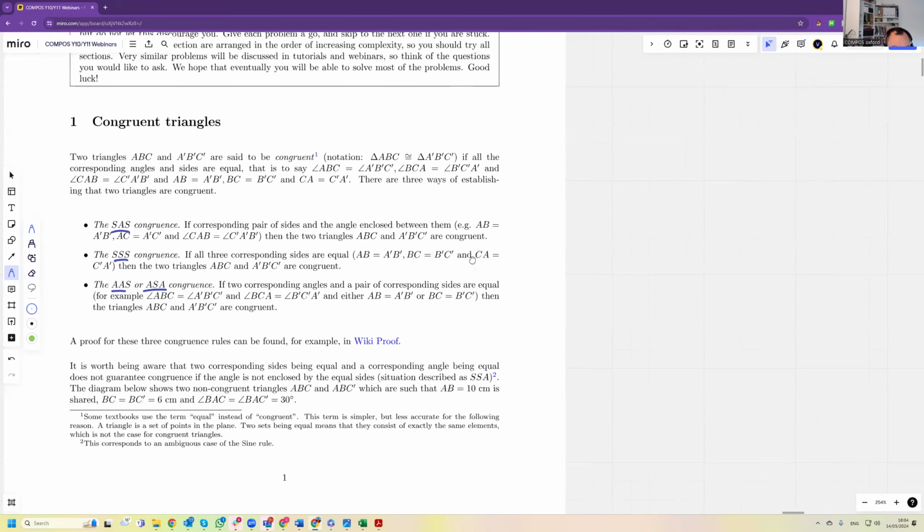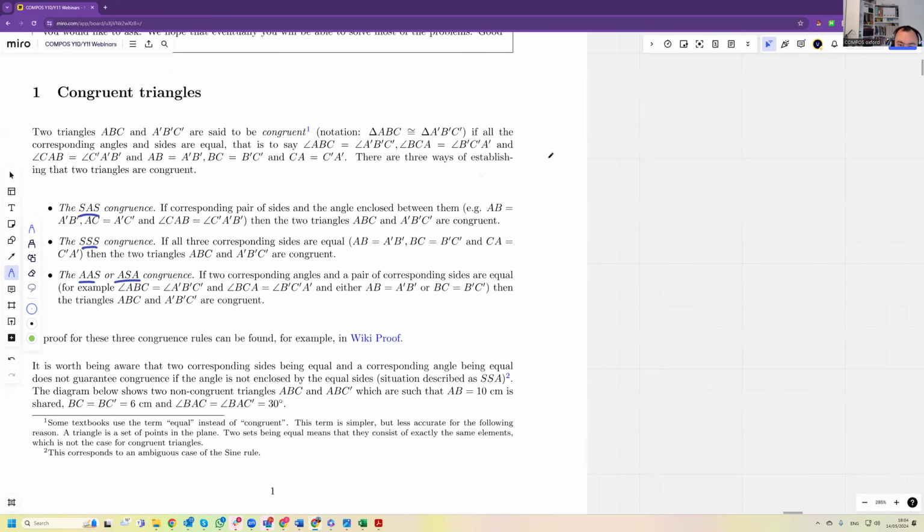So SAS congruence, just a quick reminder. So if you have two triangles, and we have a side, so this side is equal to this side is equal to this side, and an angle between them is equal, then the two triangles are congruent.